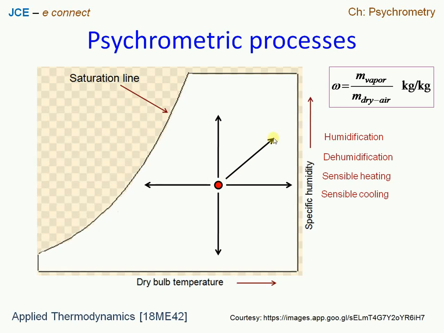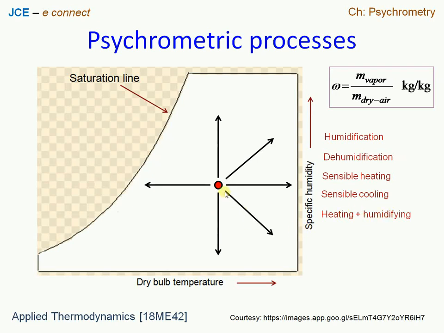Likewise, we have another process here heading the upward hill on the right end. So we see that the moist air sample is increasing in specific humidity value. At the same time, it is also increasing in the dry bulb temperature. So there is heating continuing here along with the humidification. Therefore this process is called heating and humidification.